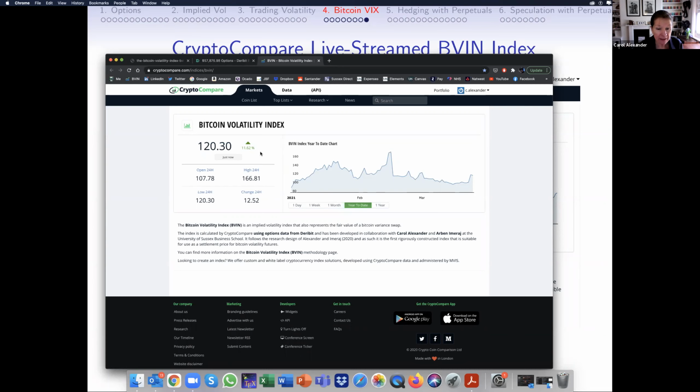Anyway, this has only been going a few months. It started at the beginning of December. It's much higher, of course, than equity volatility, but the Ether one we can do as well. The liquidity on Ether options is good enough. It is around 20% bigger than BVIN.